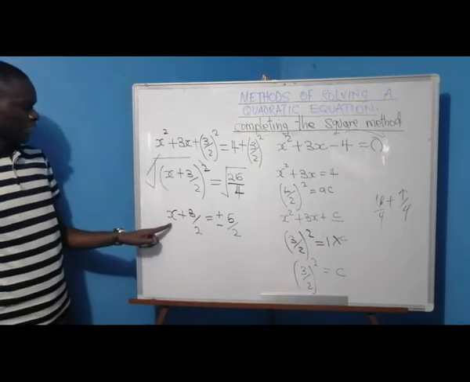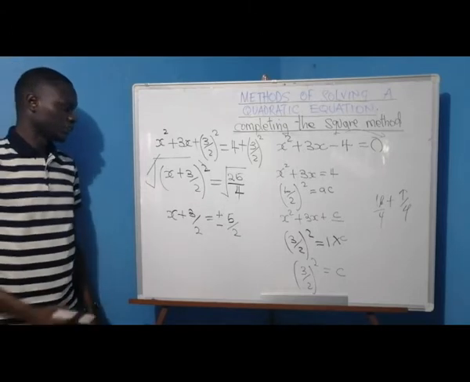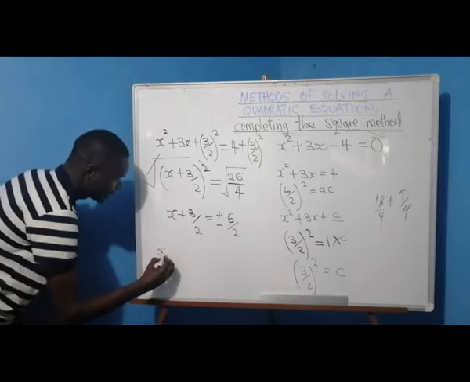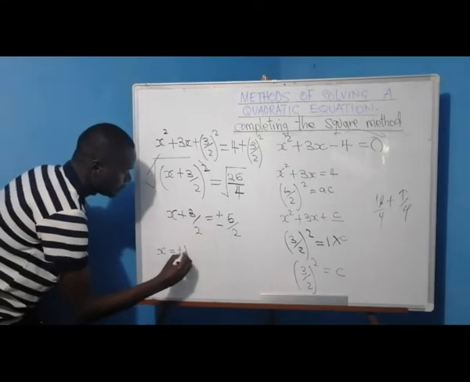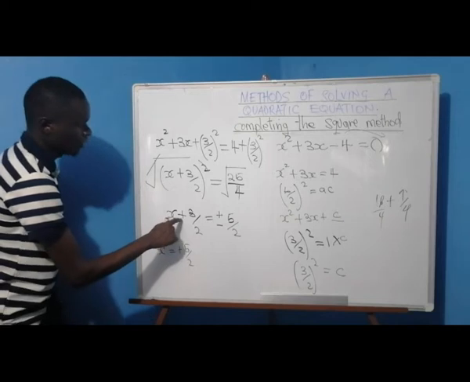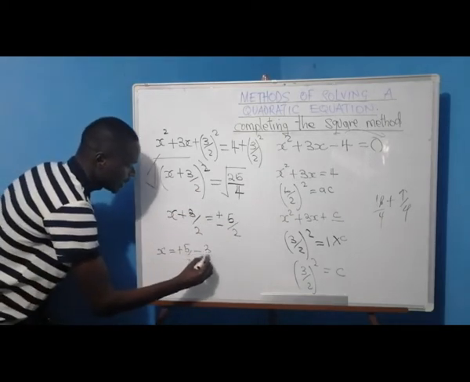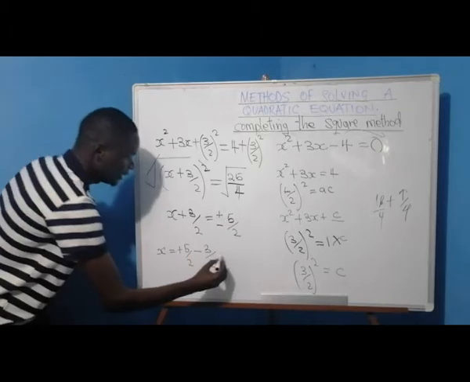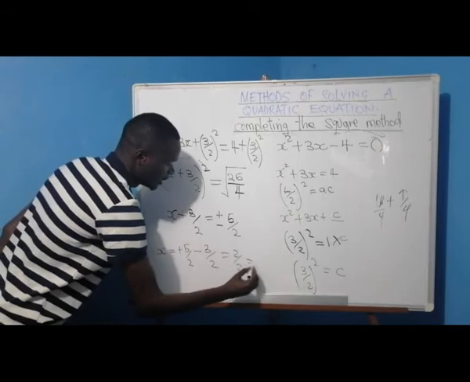To get the value of x, we take this to the other side of the equation so that we get x is equal to, starting with a positive 5 over 2, minus 3 over 2, which is just equal to 2 over 2, which is 1.